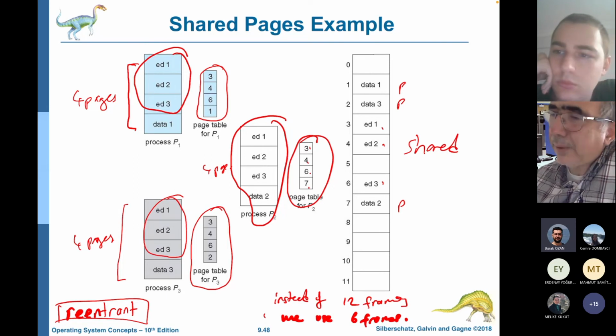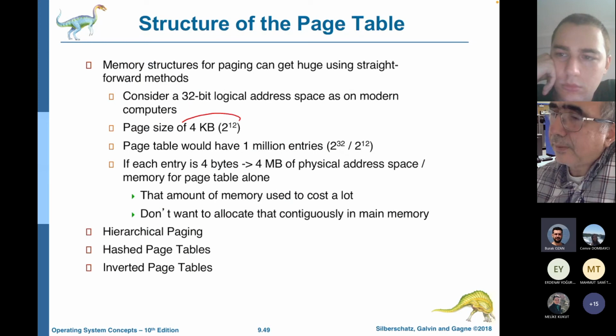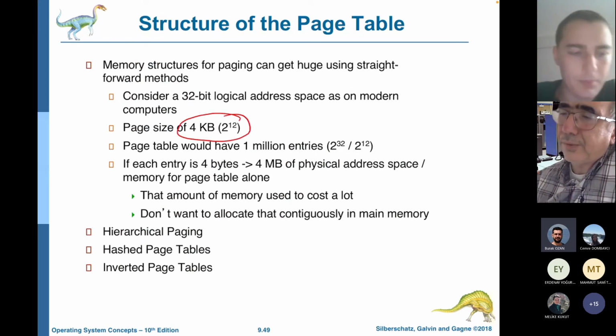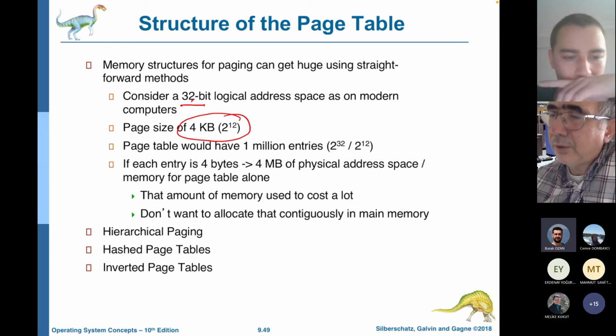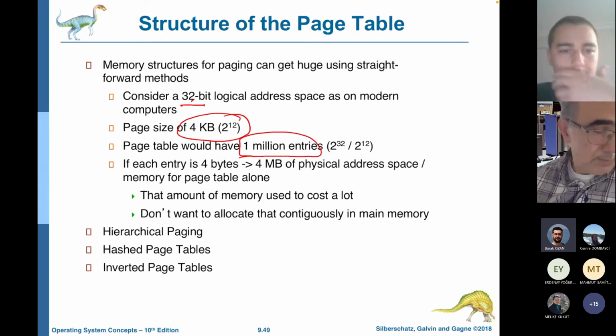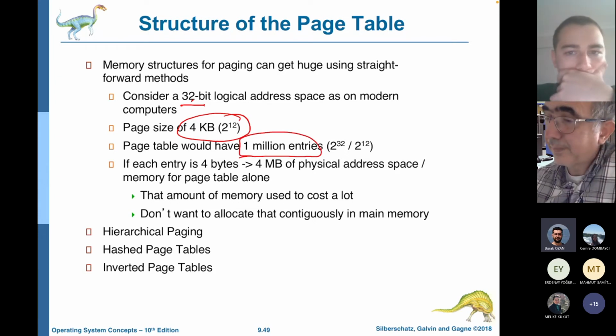We have some examples here. One example shows a page size of 4 kilobytes with a 32-bit addressing mechanism, and the page table would have 1 million entries.